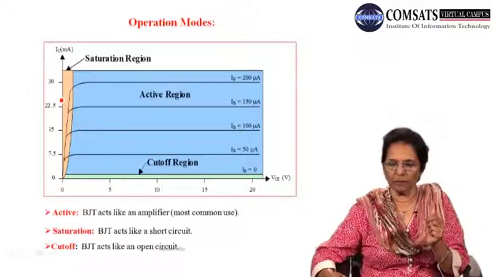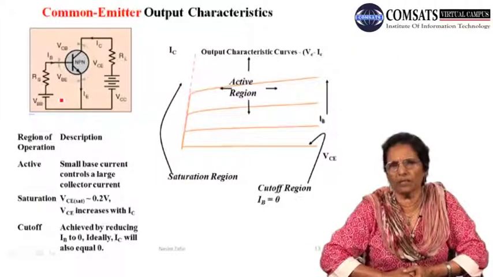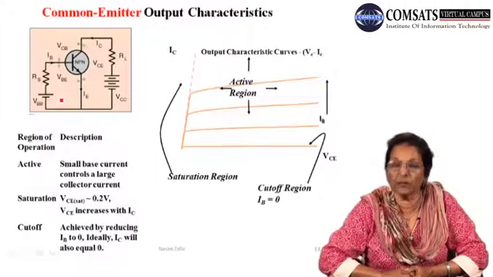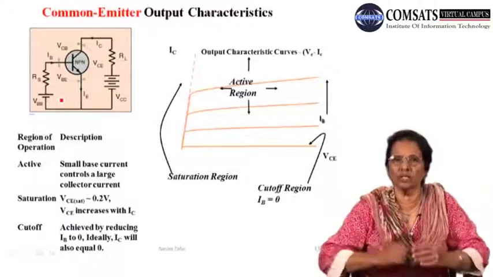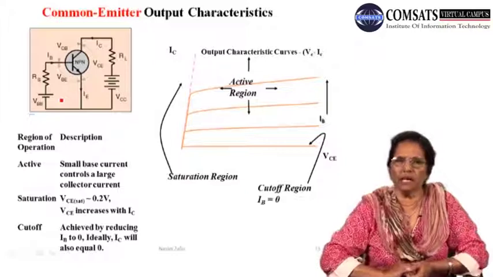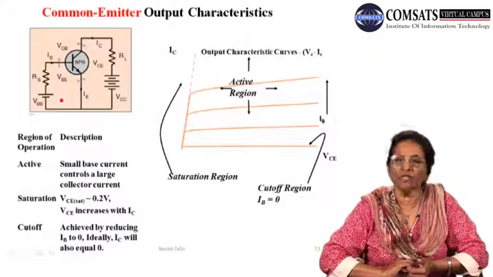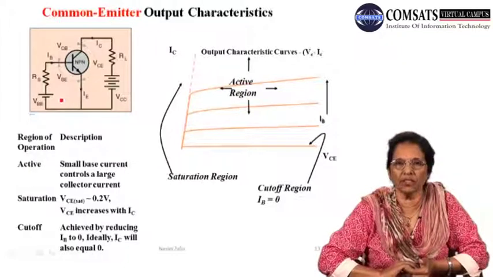So it is the same order of magnitude in this output characteristic, because this is another way of explaining the output characteristic for the same common emitter configuration, now for an NPN transistor.